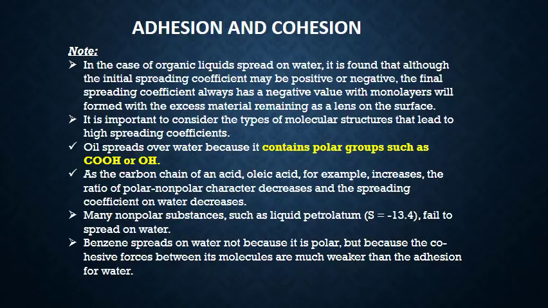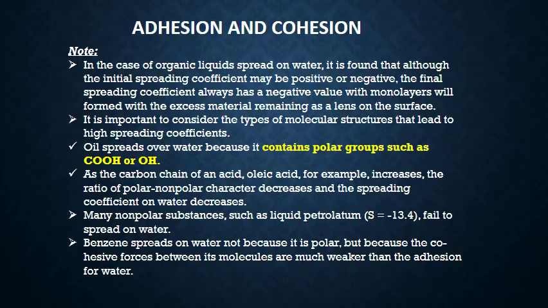As an extra note, in the case of organic liquid spreading on water, it is found that although the initial spreading coefficient may be positive, the final spreading coefficient always has a negative value, with a monolayer forming on top of the water surface. That's why it is important to consider the type of molecular structure that leads to a high spreading coefficient. For example, oil spreads over water because it contains a polar group such as COOH or OH.